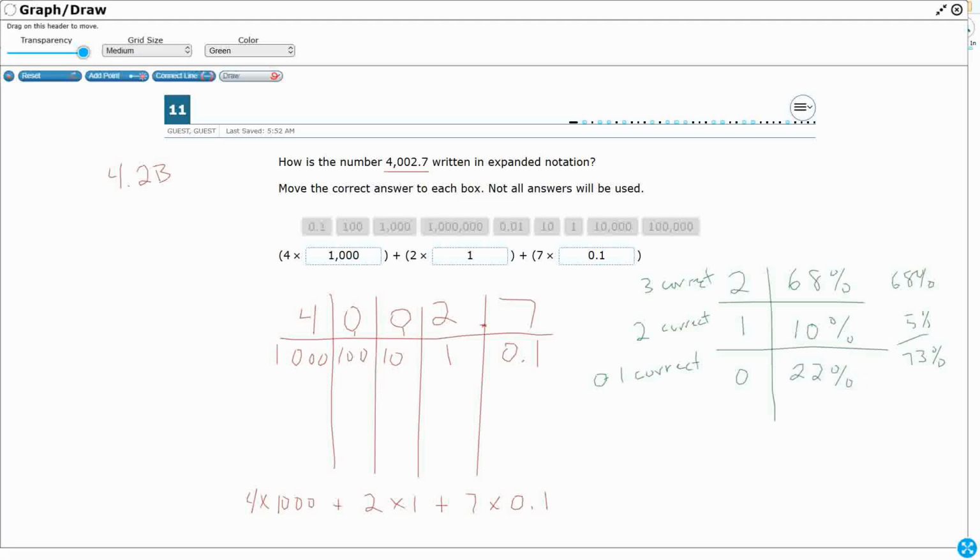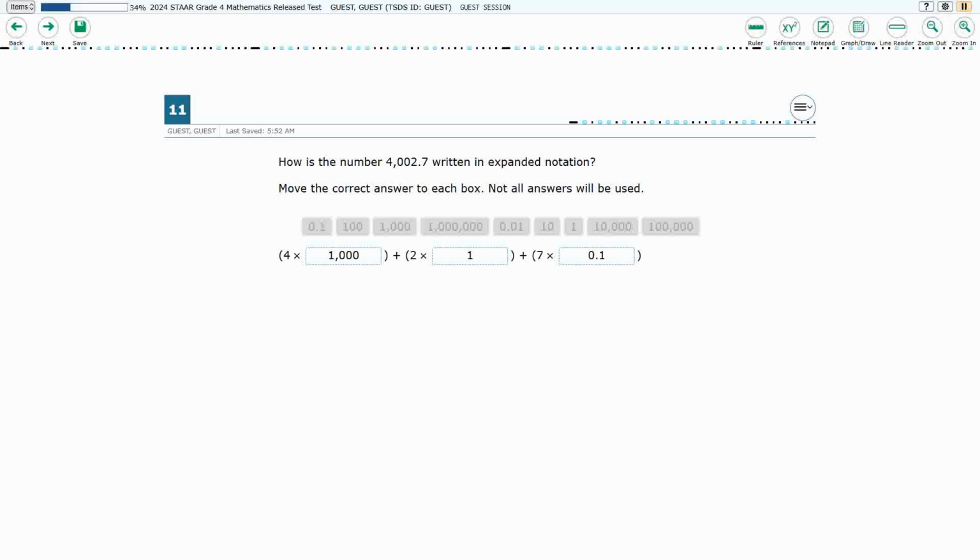So that's still quite a bit, but overall that 73% makes this the 3rd easiest item on the test. Pretty good. They didn't have any super tricky ones. Sometimes the hundredths can throw kids off. There are some zeros in there, but for the most part, we did okay. So we should be pretty pleased with that percentage, that 73%.